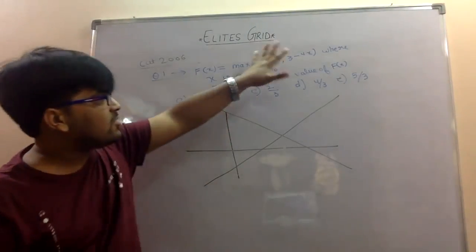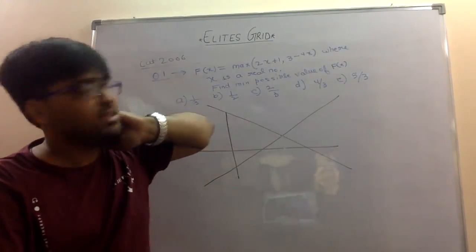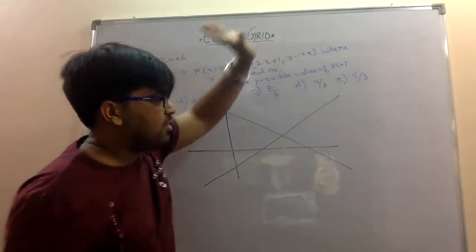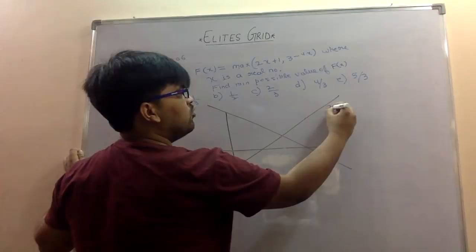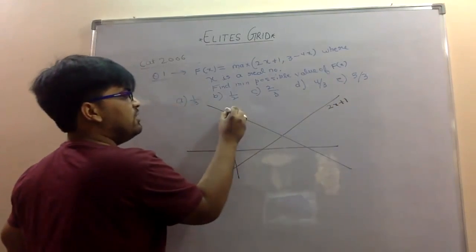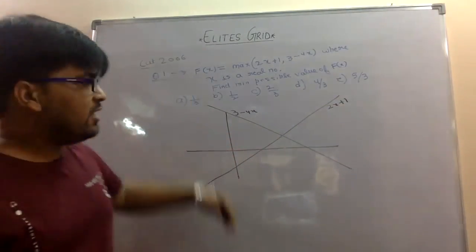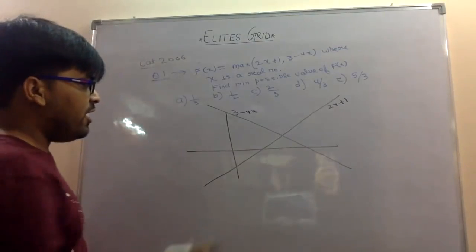Let us draw the graph of max(2x + 1, 3 − 4x). Let this line be 2x + 1 and the other line be 3 − 4x.